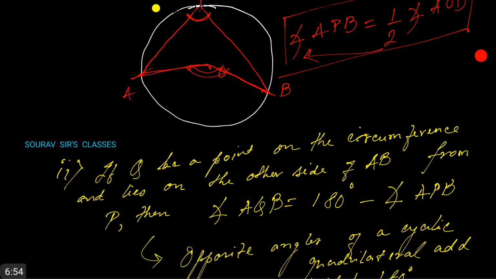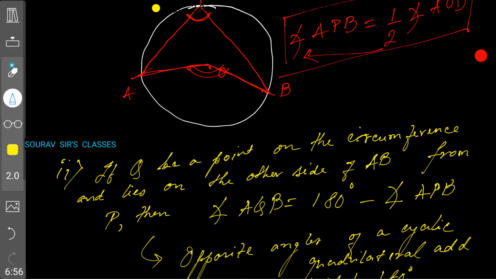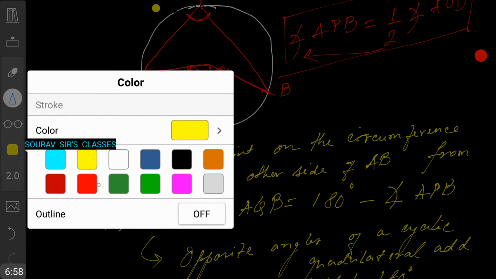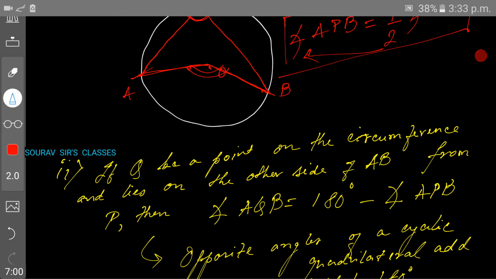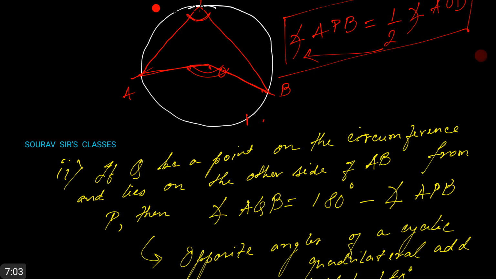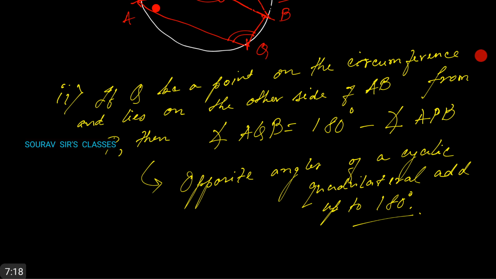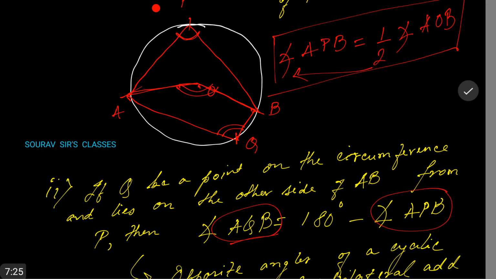So let us just draw what they are trying to say. Just draw, say, a point Q here, and we will just join BQ and AQ. So as per the theorem, we say AQB and APB equals 180 degrees.